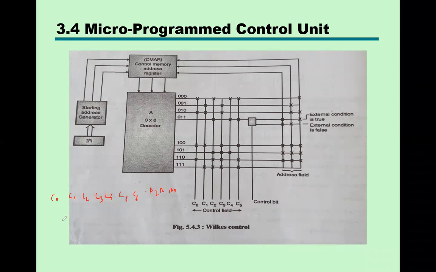And these micro instructions are encoded here in the control field. For example, C1, C5, C6. So bits 1, 5, 6 are set, and the address is 010, right? So this is the control information. The control information is 0 1 1 0 1 1 0 1 0.